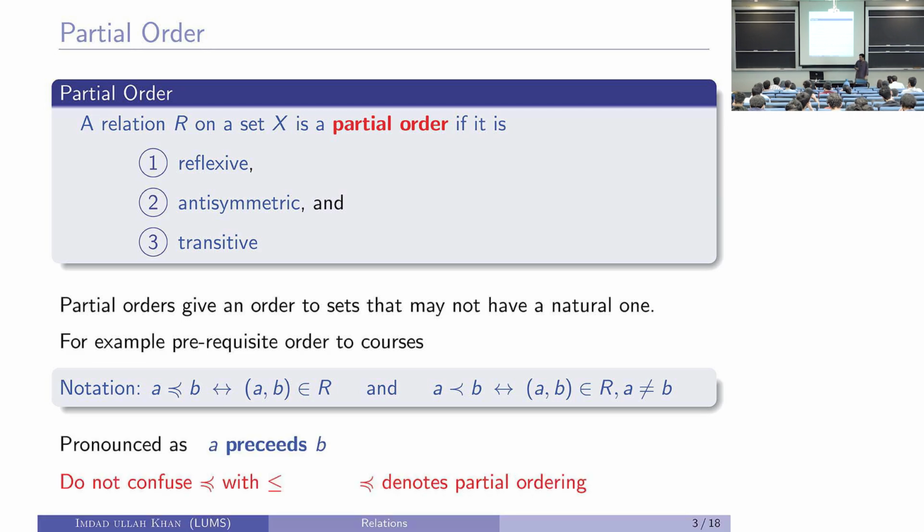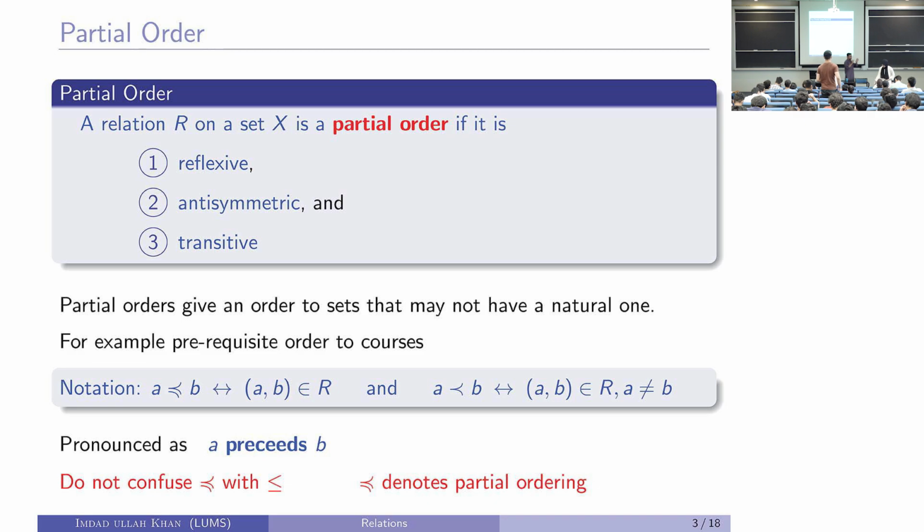So, do not confuse this. A precedes B, that is how it is pronounced, and in LaTeX you will write slash precede. It does not mean less than or equal to, it is a different thing. It denotes a partial order.